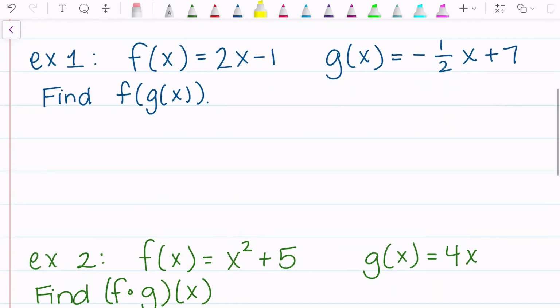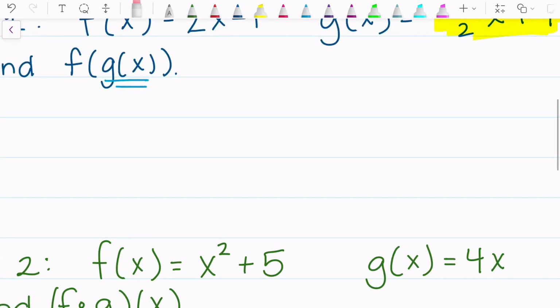When I have f of x is equal to 2x minus 1 and g of x is equal to negative 1/2 x plus 7, and I want to find f of g of x, it means take g of x's equation and plug it in for x in f of x. I'm plugging that equation into f of x because g is the inner function and f is the outer function.